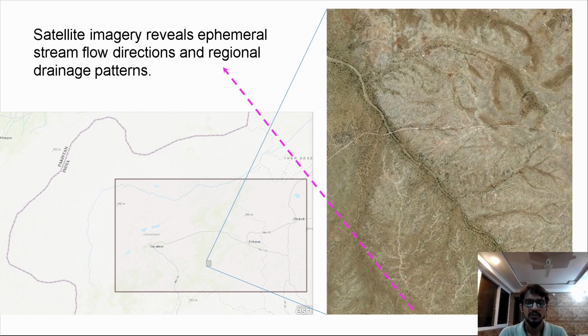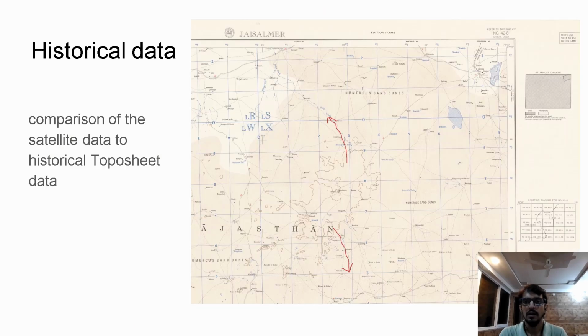Again, it shows that the stream is flowing from southeast to northwest. In the historical topographic map, we also found that the streams were active in the northwest direction, although there are a few away from this area which flow in the southeast or south direction.